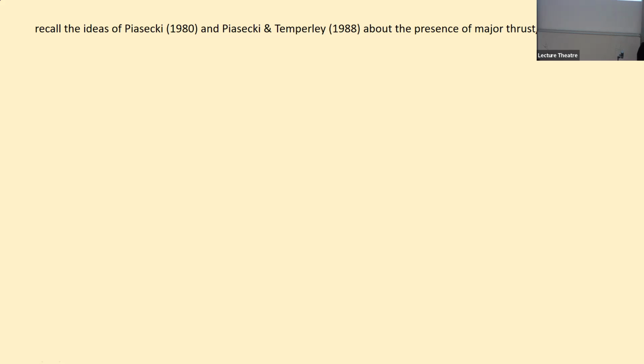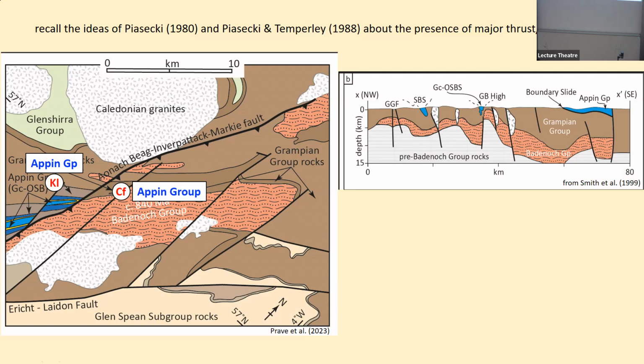And if we go back to the structural framework, a very simplified one, of that particular region, highlighting those two key areas of what were interpreted as Appin Group rocks. This is a cross-section inferred from a geophysical transect, and we all know how woolly some of these can be, but nevertheless, this is what we have, showing the cross-sectional view of that area.